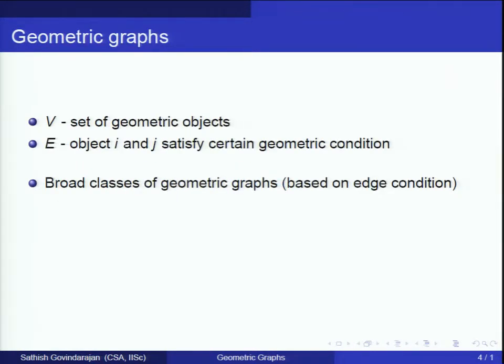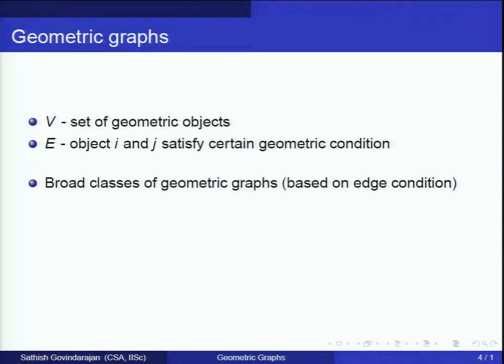Okay. So I broadly defined geometric graphs, but there are a huge variety of specific geometric graphs one can define, and it's beyond the scope of the lecture to go through all of them. What I will do is categorize these geometric graphs based on some broad classes, and typically they depend on how you define the edges. As I told you, vertices represent geometric objects, and edges depend on some geometric condition on these objects.